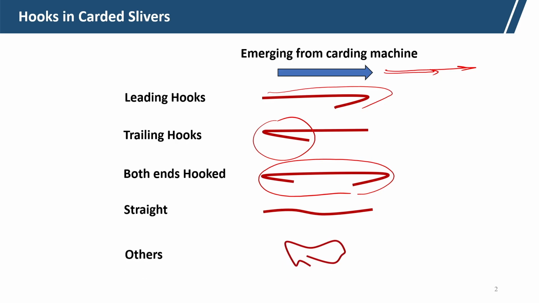Others are those that do not fall into any of the above categories, such as clumped or entangled fibers. Here in this section we will consider mainly the trailing and leading hooks.